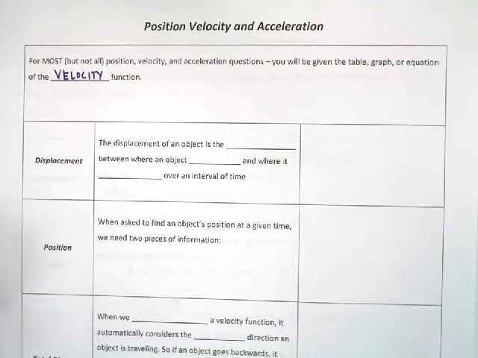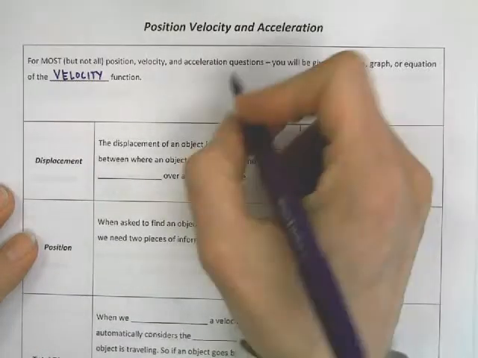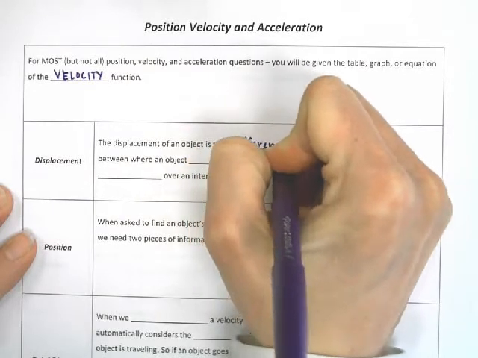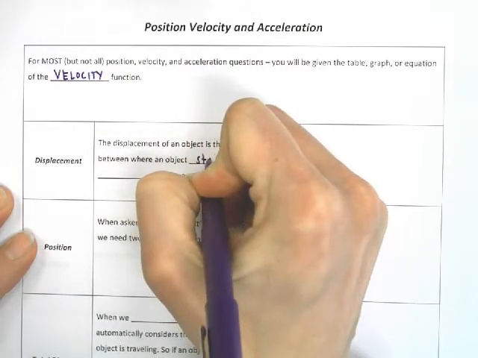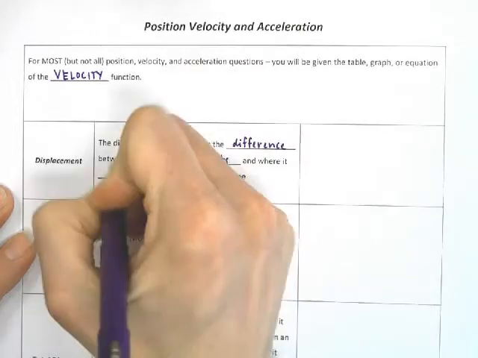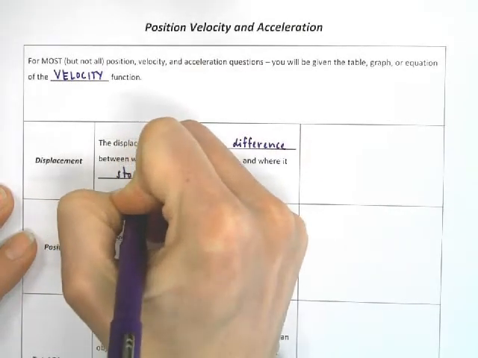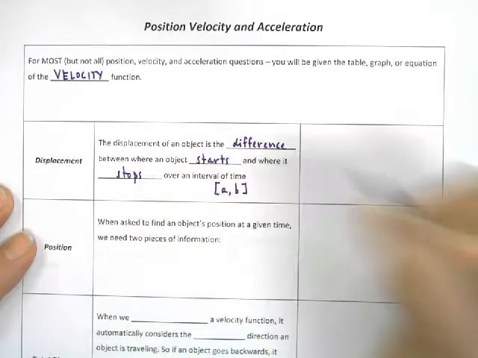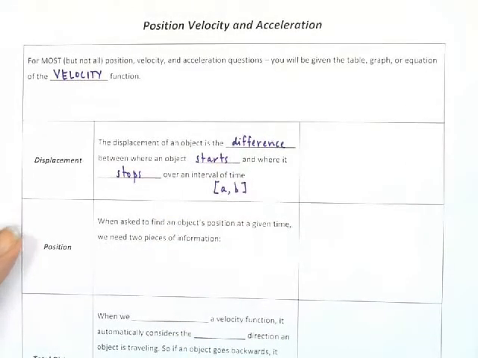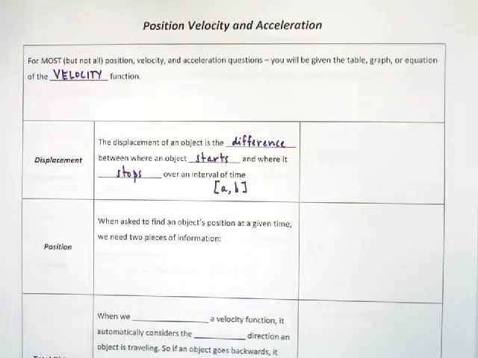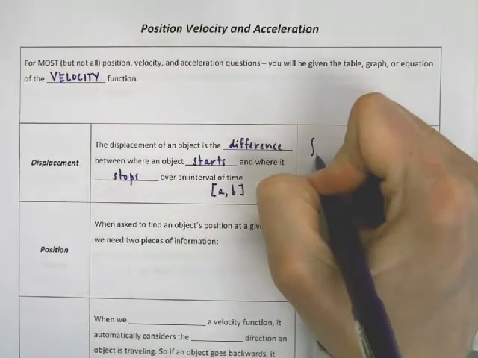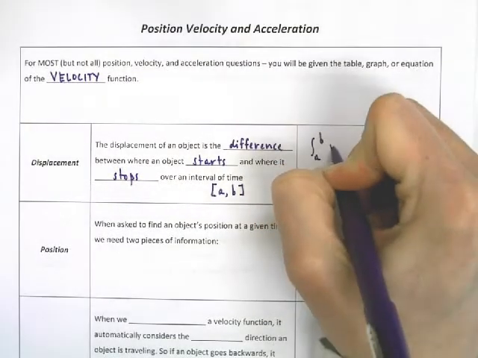So the first term we have here is displacement, which we know is just the difference between where an object starts and where it stops over an interval of time. And I'm just going to call that interval of time from A to B. So if I want to know the difference between where I started and where I stopped, I'm just going to integrate the velocity function.